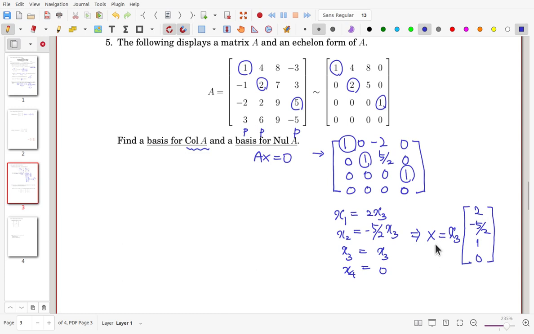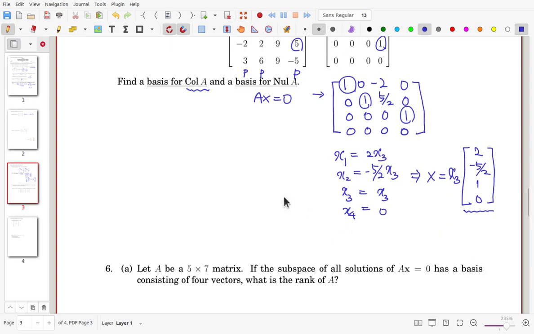In the null space, the vectors are in this form for some choices of x3, so this is a spanning set, and alone it becomes a basis. So the basis for the null space of A is this one.